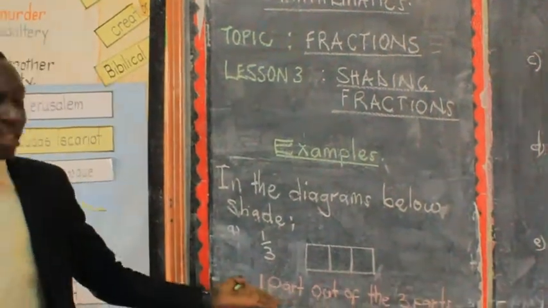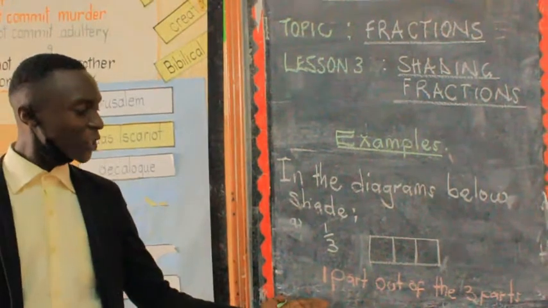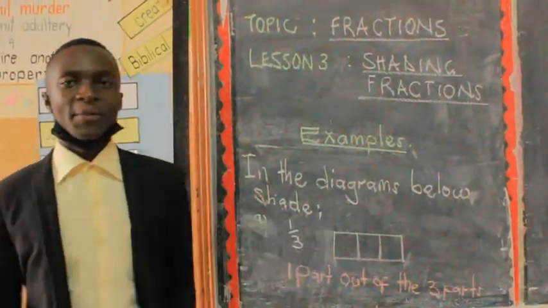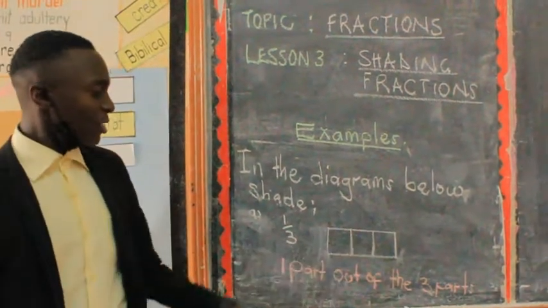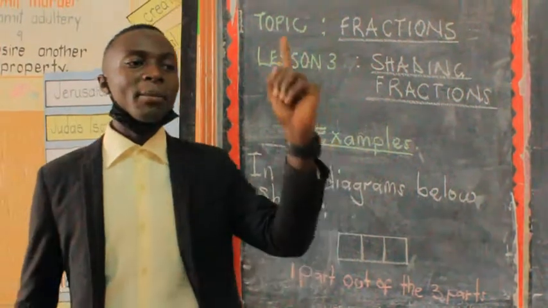Are you all here? These are the 3 parts, 1, 2, 3. So we are going to shade one part.